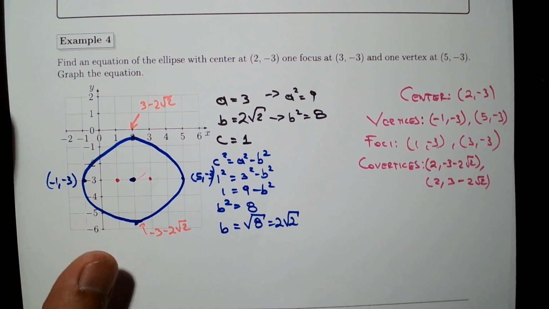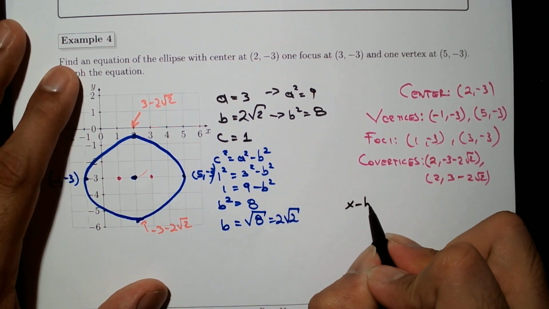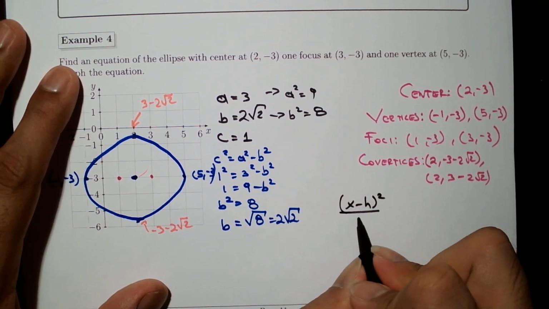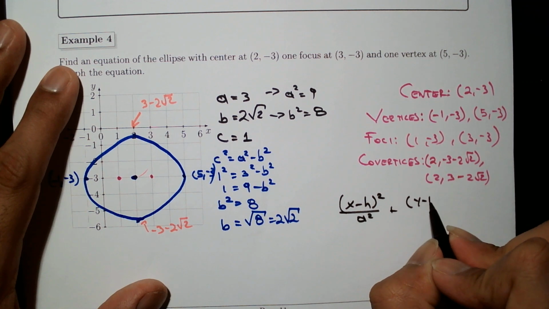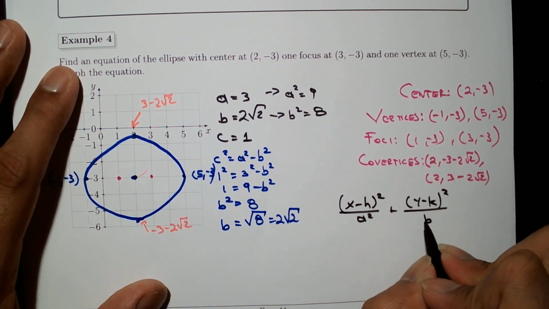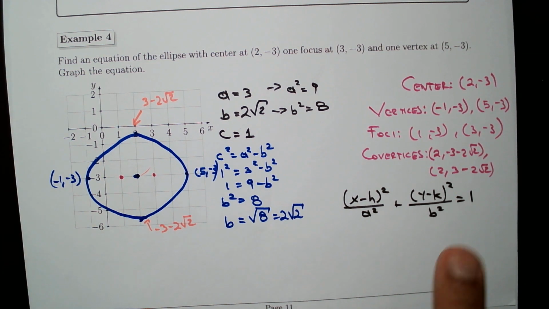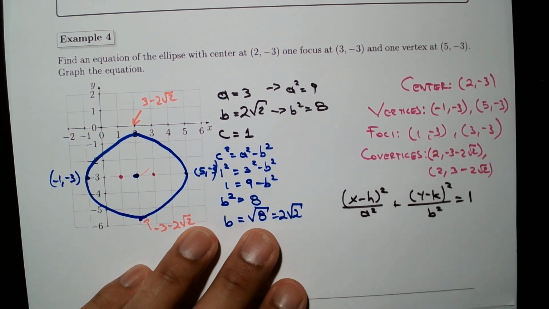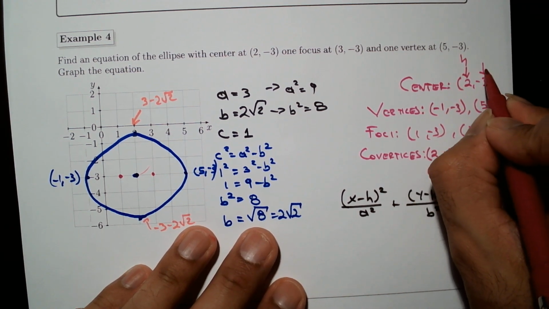Well, so the form that corresponds is x minus h, quantity squared, divided by a squared, plus y minus k squared divided by b squared equals 1. So in this case, from the center, this is h, this is k.